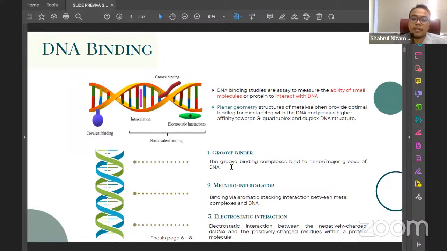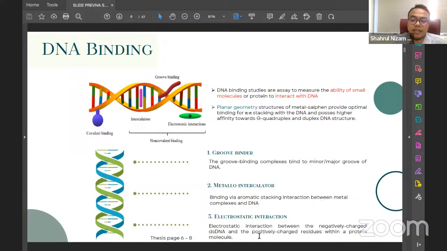Now we have a few types here. In groove binding, complexes bind to the minor or major groove of the DNA. There is a groove here on the DNA. And then the metallo-intercalator binds through intercalation, via aromatic stacking interaction. When I say stacking, it means you have the aromatic moiety of your complex, and they are stacking one another between the metal complexes and DNA.